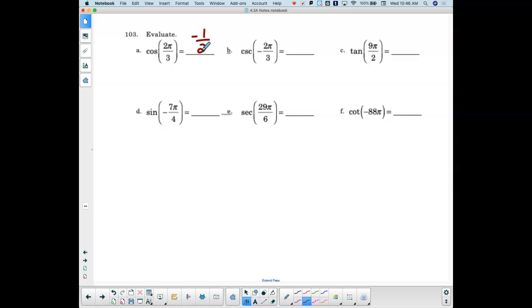Cosecant of negative 2 pi over 3. Well, first off, cosecant is 1 over sine, right?